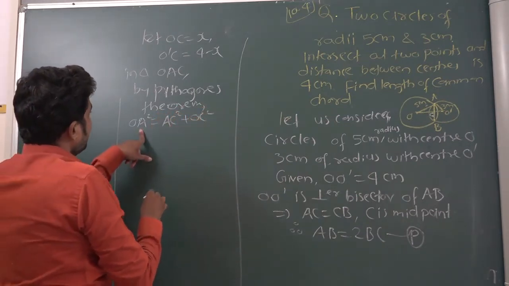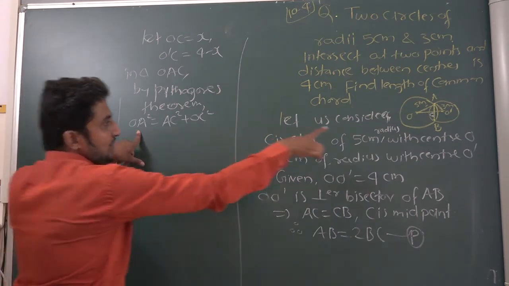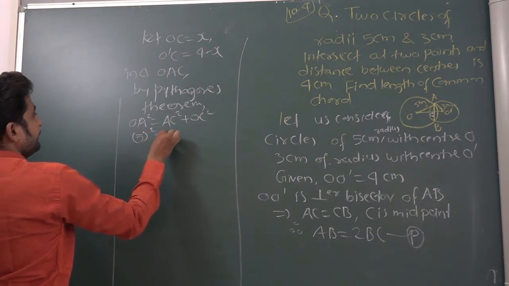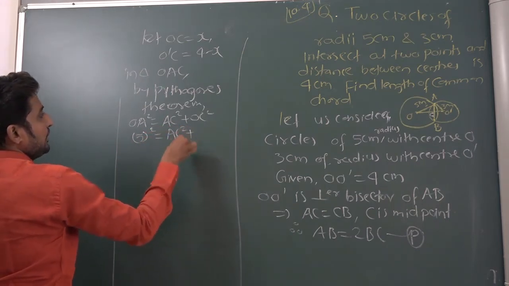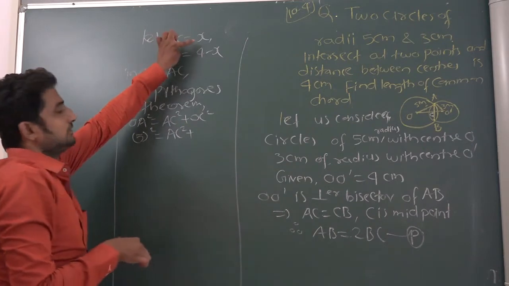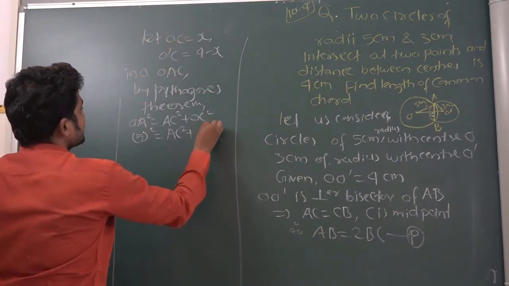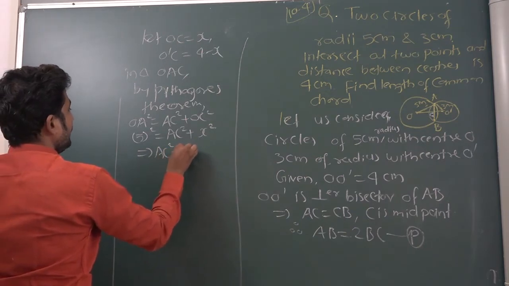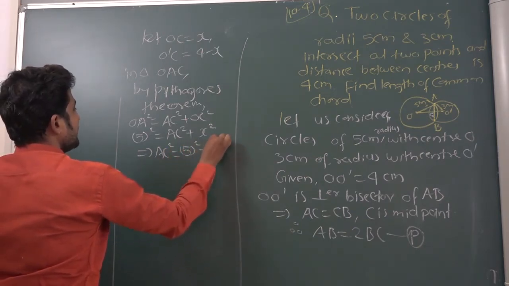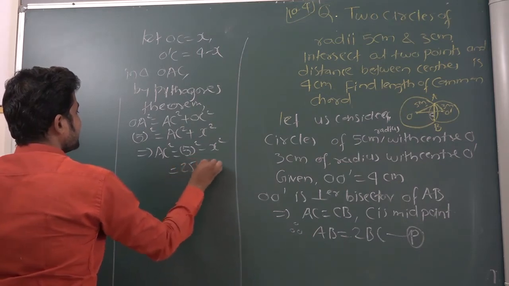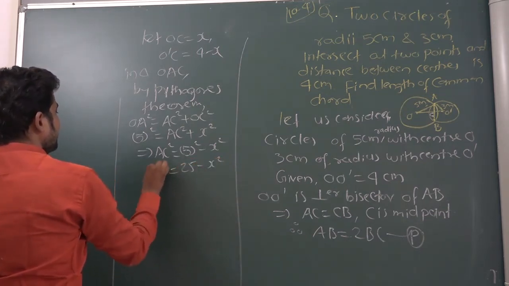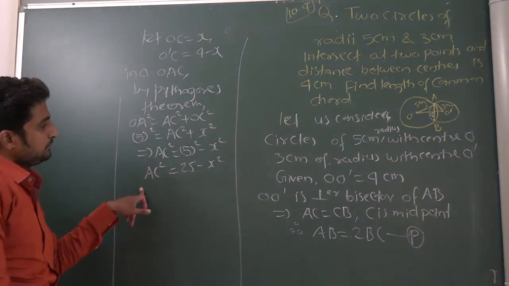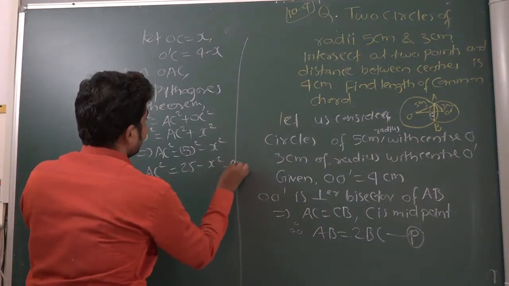What is OA square, dear students? It is 5 square. AC we don't know, and OC we have considered as x, so it is x square. It means AC square equals 5 square minus x square, that is 25 minus x square. This is AC square. Call this equation 1.